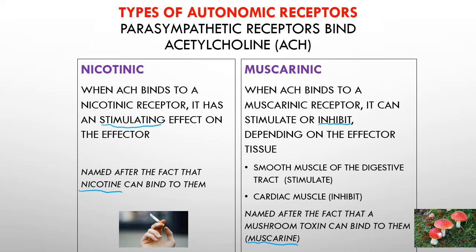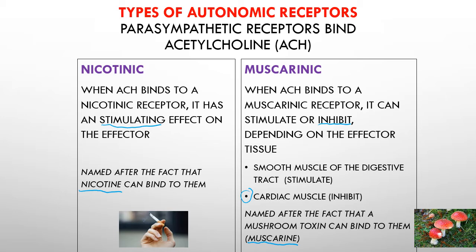And so this is going to generally inhibit the effector depending upon the type of tissue that we're on. And that is especially so when we look at cardiac muscle. In skeletal muscle, we use acetylcholine as well, and that's going to cause activation of the cell. It's going to be stimulating to it. Versus in cardiac muscle, it causes inhibition.